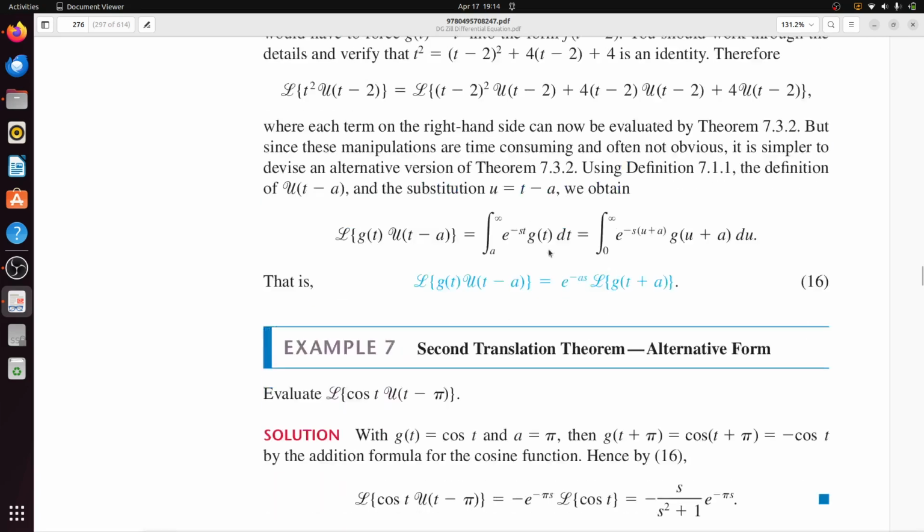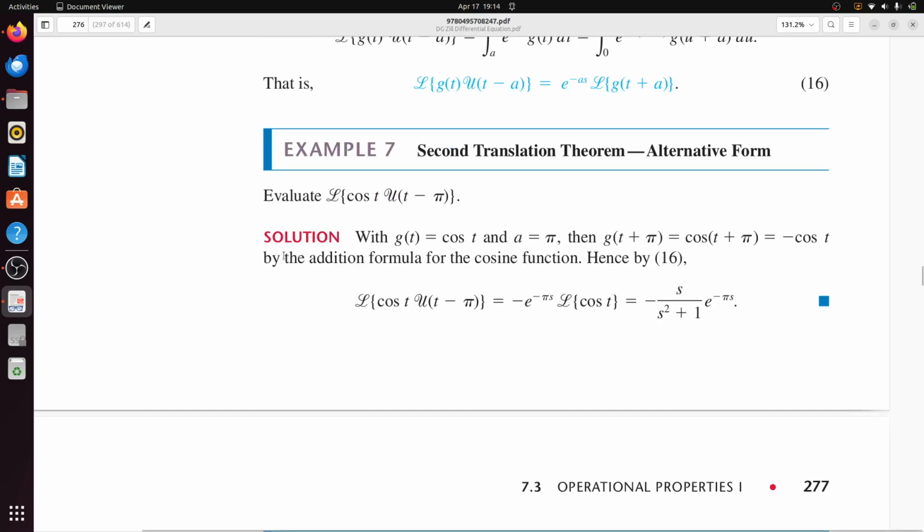Okay, so now we will see cos t into u(t minus pi). So your g(t) is cos t and your a is equal to pi. So g of t plus pi equals cos of t plus pi, which equals minus cos t.